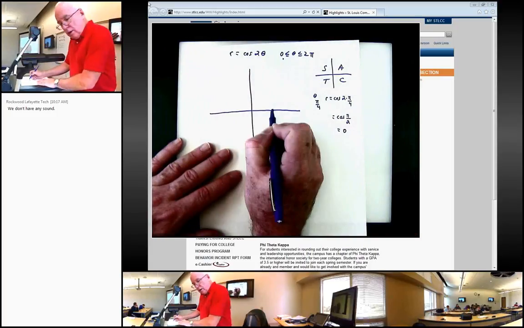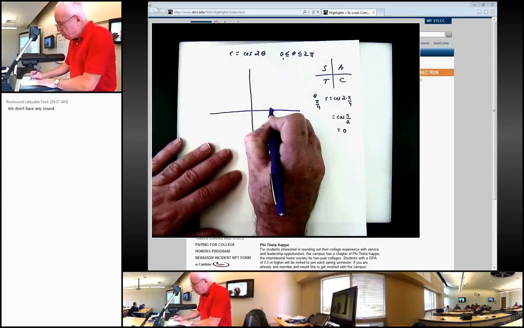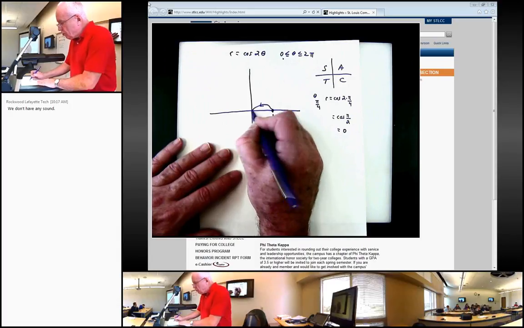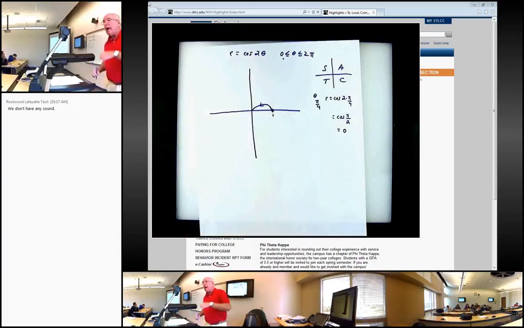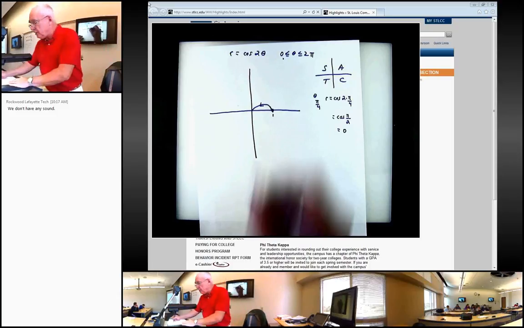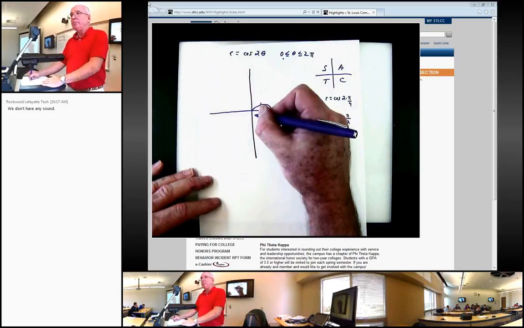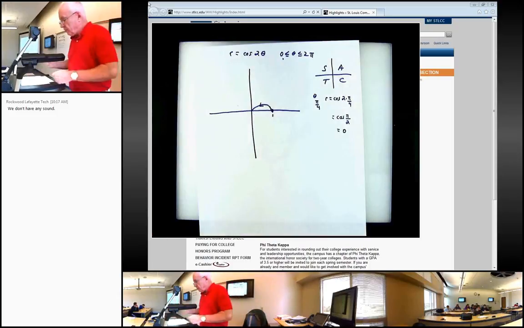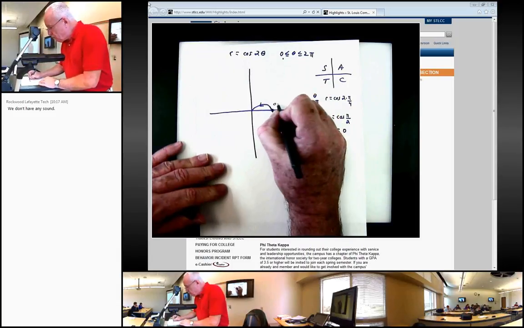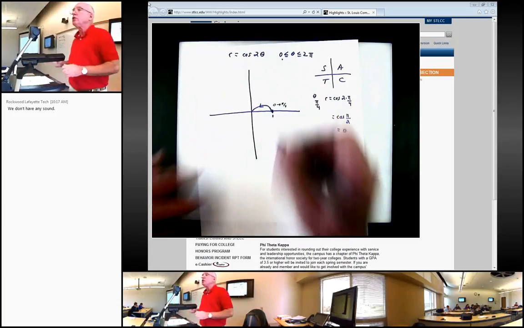So therefore, what this is going to do here in this direction, it's going to go to 0 as we go from theta equaling 0 to theta equaling pi over 4. It's going to go in this direction like this. So let me just label this 0 to pi over 4. It's going to travel like that.